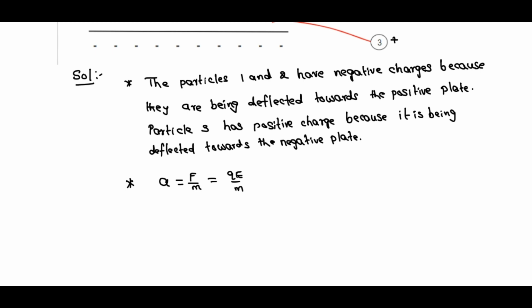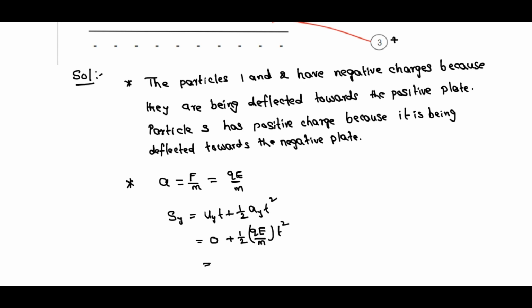And the deflection along y-axis, s_y is equal to u_y t plus half a_y t square, I am using. Initially, the particles are moving horizontally. There is no vertical component. So, u_y is 0 plus half a_y, which is nothing but qE by m, into t square.